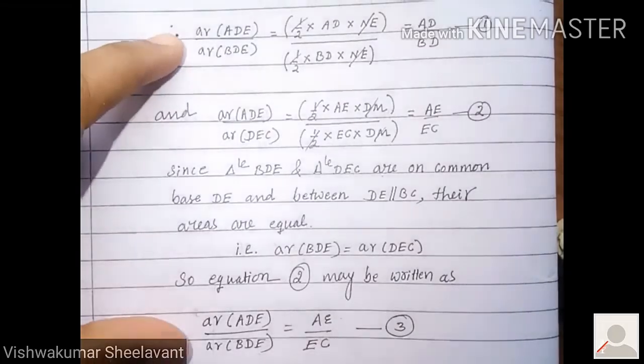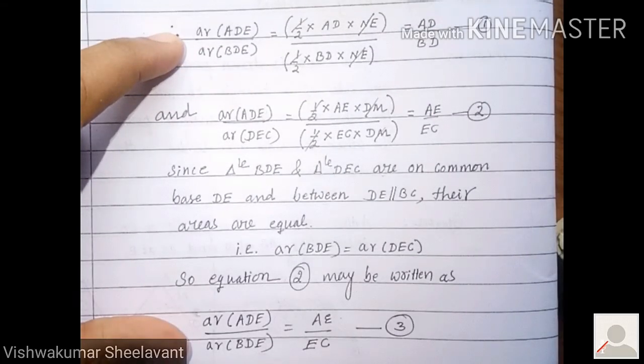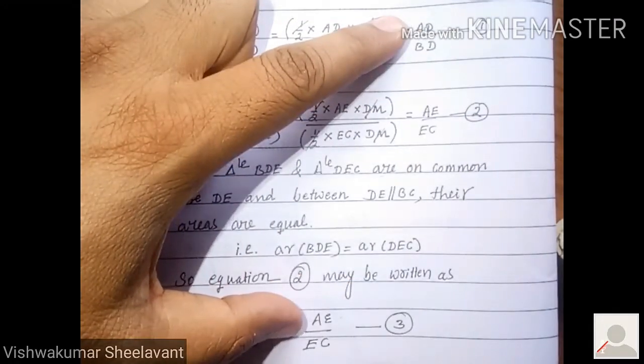LHS are equal now. If LHS are equal, RHS must also be equal. Okay.